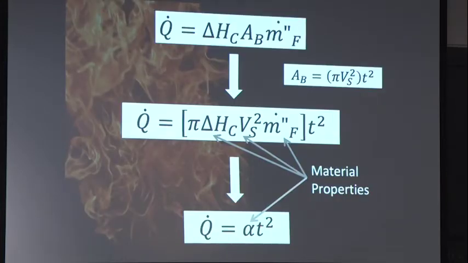If I then substitute the area into this equation, I get this term here, and I'm going to lump all this as a material property and call it alpha, and this will be my alpha T squared fire. This is a very simple way of representing a design fire. This is what I'm going to input in here.